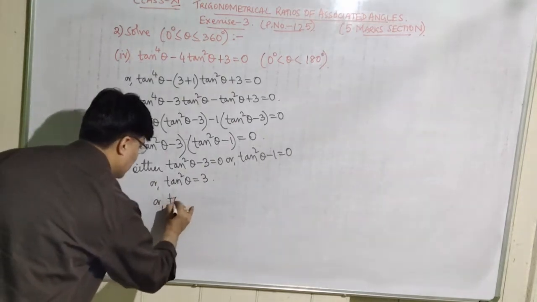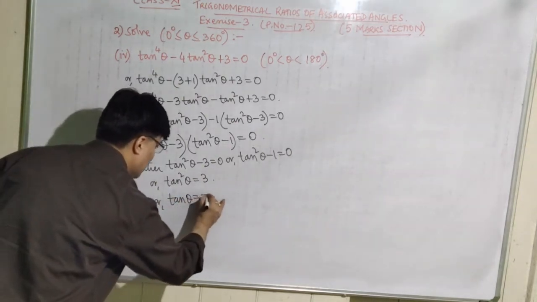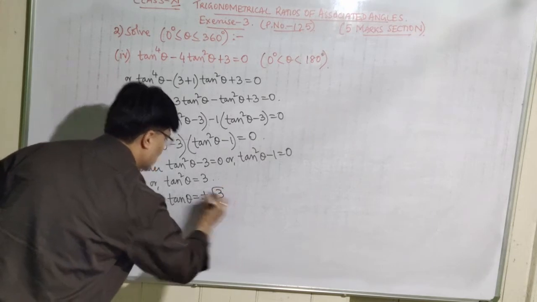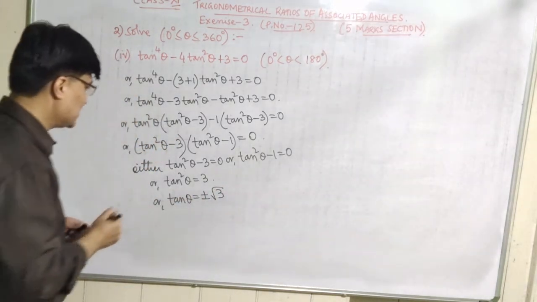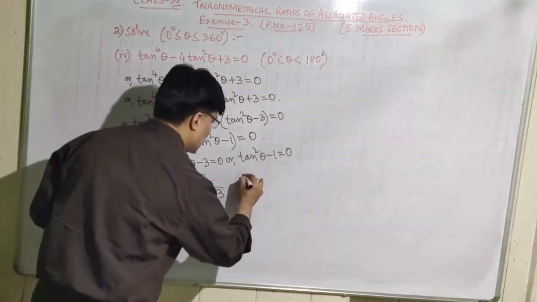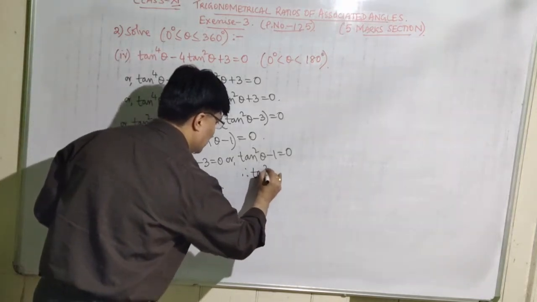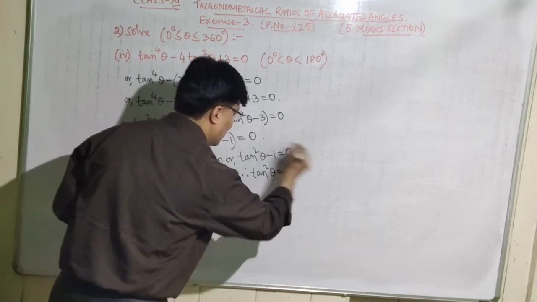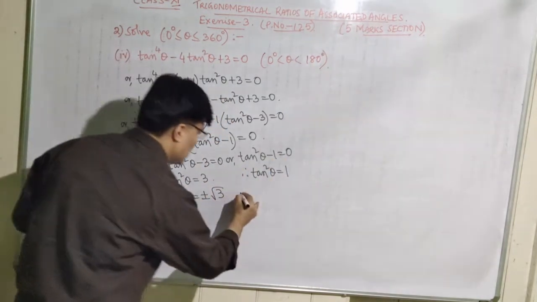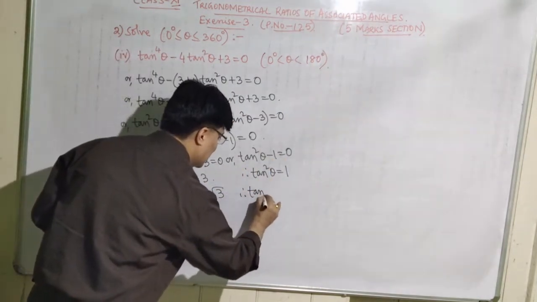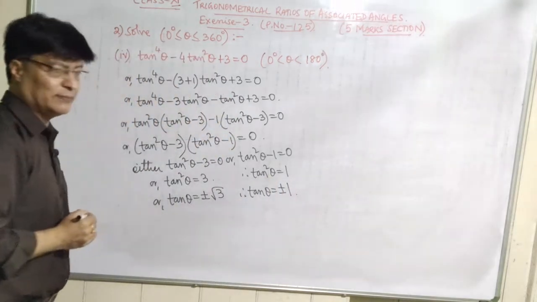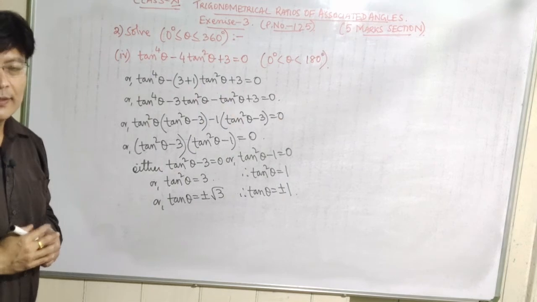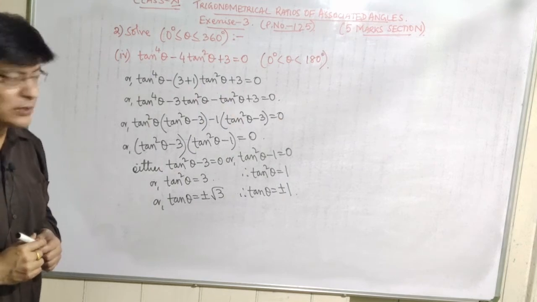So what are the values of tan theta? It is plus minus root 3. Next, here tan square theta is equal to 1, minus 1 is taken to the right hand side. So tan theta is equal to plus minus 1.